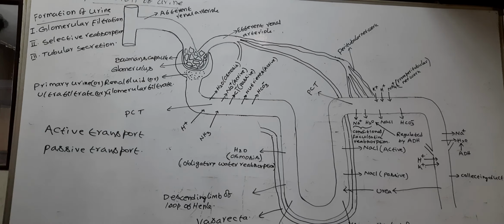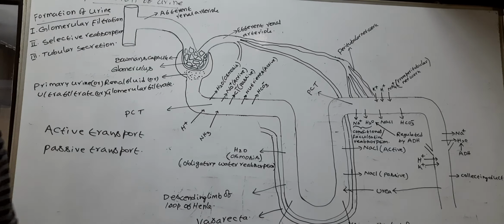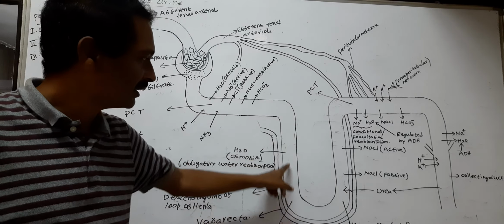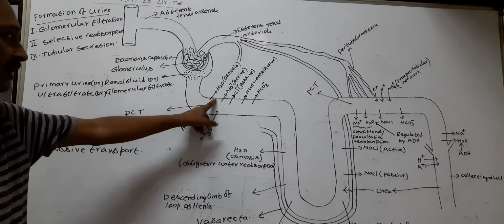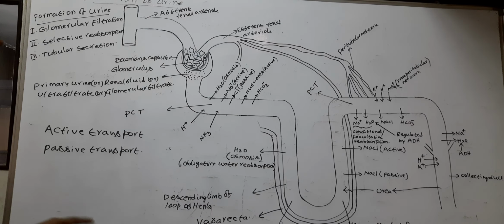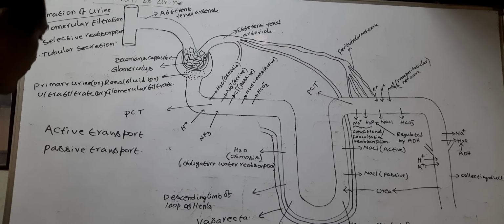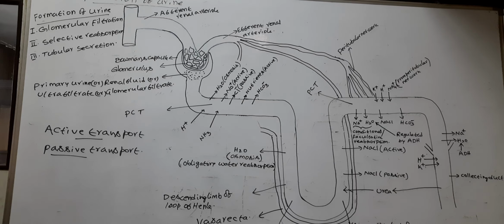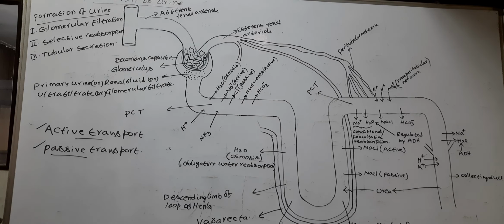So when the primary urine passes through the different parts of the nephron, the epithelial cells of the wall of the nephron reabsorb the essential substances either by active transport or passive transport. What are active and passive transports?